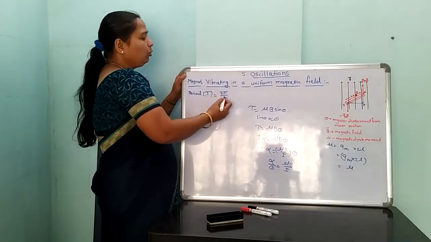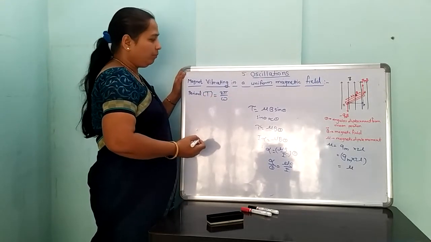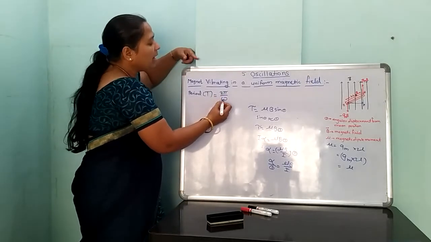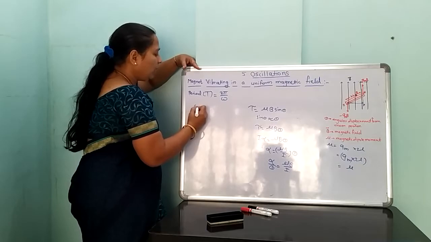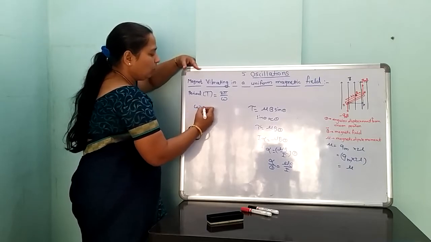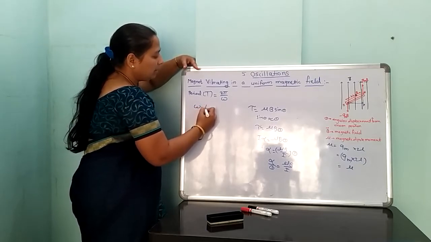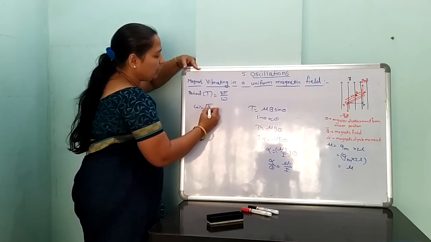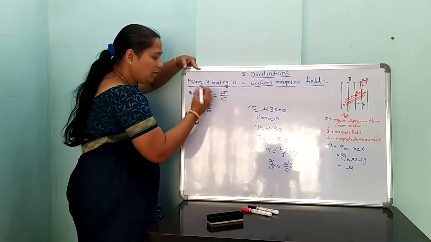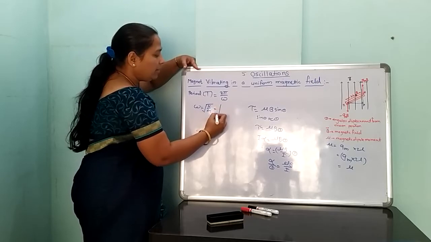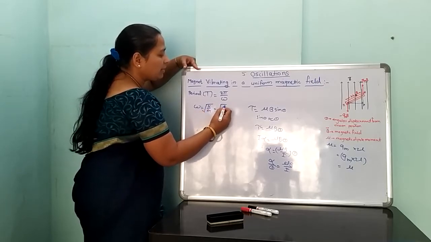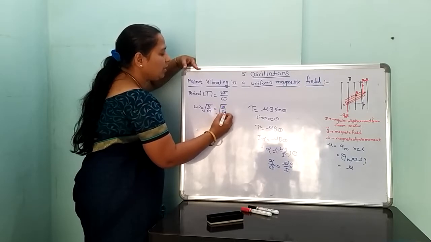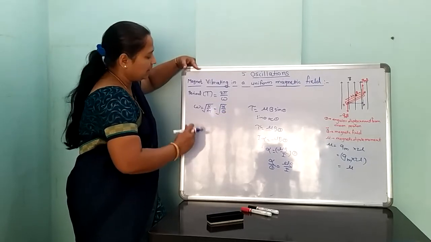Omega is explained by omega equal to the square root of k upon m in linear SHM, and in angular SHM it is the acceleration per unit displacement.